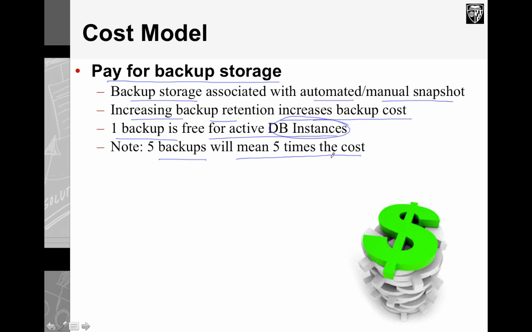If your database size is, let's say, 20 gigabytes, then each backup is going to be 20 gigabytes. So that means you have to pay for 5 times 20, 100 gigabytes of backup storage space. So the point I'm trying to make is every backup is going to be the same size as the original database size. So you have to choose your database size very wisely. You can always increase the database size, but you cannot bring the database size down.